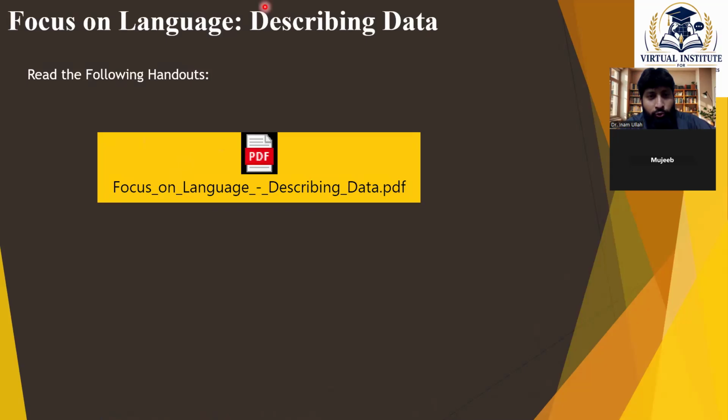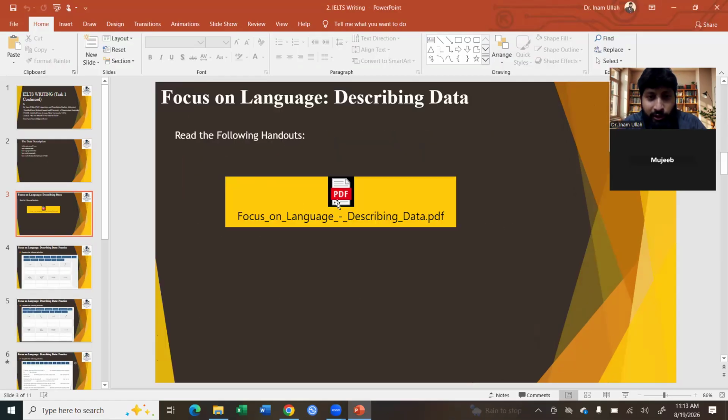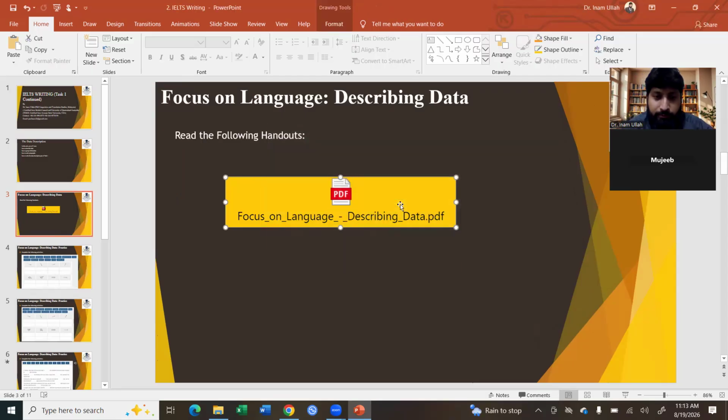Now, to learn more about how to describe data, we should know how we can focus on the language, right? Focus on language is really important, and that is something that we are going to see. How can we focus on the language of task one? So here are a few handouts that we can read and see what we have here.